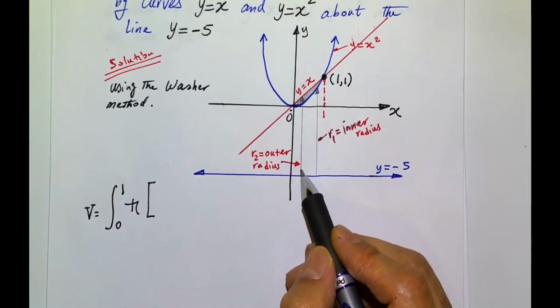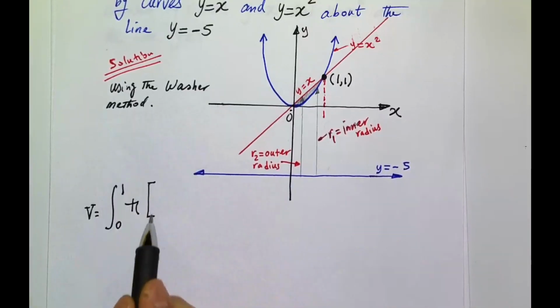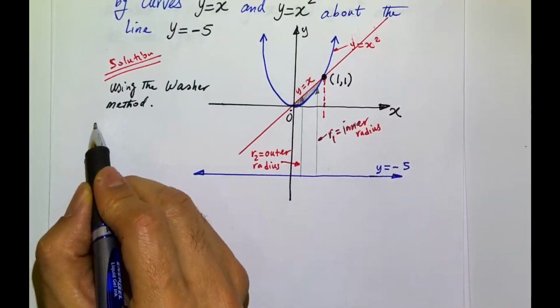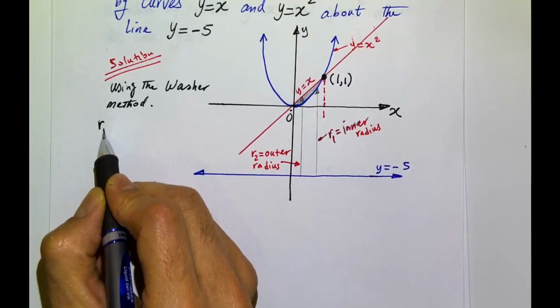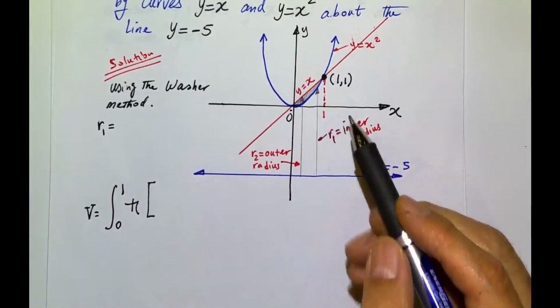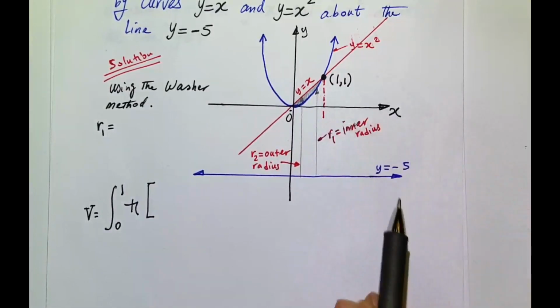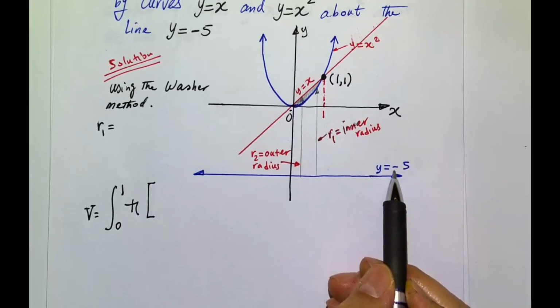And the outer radius here, let me actually write them first, before I transition to here. So R1, or the inner radius here, right? The distance from that curve to this, never mind the negative.